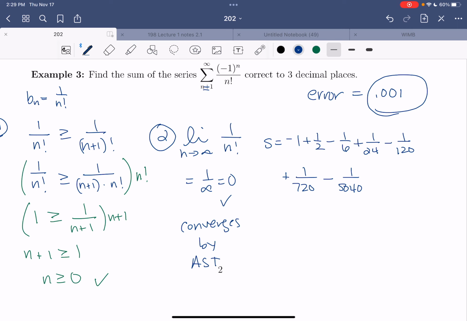So I can actually cut it off here. I can skip this one and just add up the other terms. Adding one more makes it just slightly more accurate, but that's not going to change our estimation to 3 decimal places.